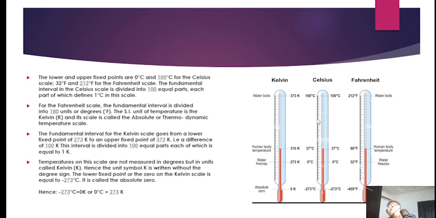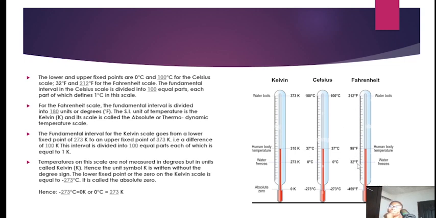Ideally, the Celsius and the Kelvin scales are related because between the lower fixed point of Celsius and the upper fixed point of Celsius, we have 100 calibrations. The same thing goes for the Kelvin, which is 273 to 373. If you subtract 273 from 373, you also get 100.